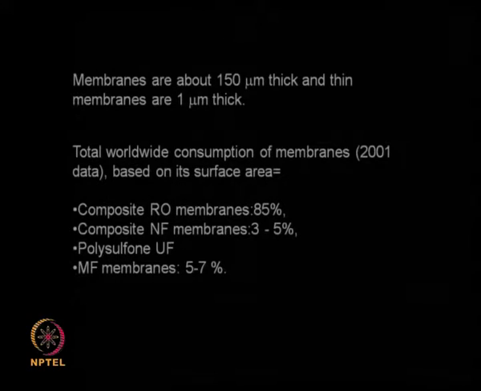If you look at the total worldwide consumption of membranes, this is 2001 data based on the surface area, 85% is RO membranes, that means reverse osmosis composite membranes, and then you have the nanofiltration membranes coming in, again made up of composite material, you have polysulfone membranes and then microfiltration membranes. So a large number of membranes are used for reverse osmosis.